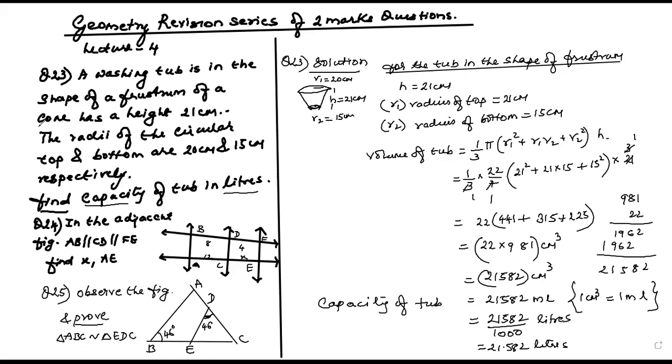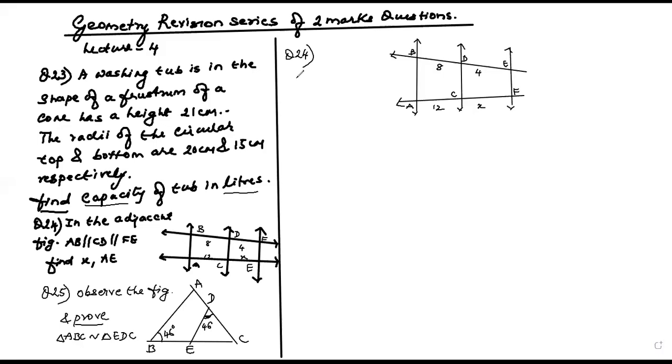Easy chapter. Okay, I'll go to the next question, question number 24, children. Nobody will forget, there are 3 parallel lines given in the question. This line AB is parallel to line CD, parallel to line EF.